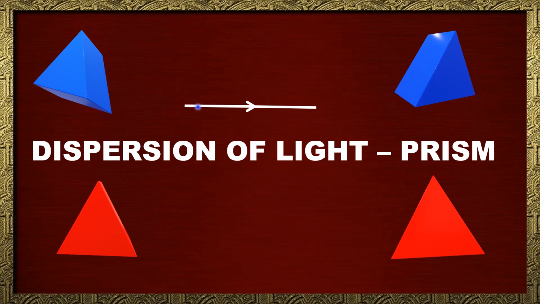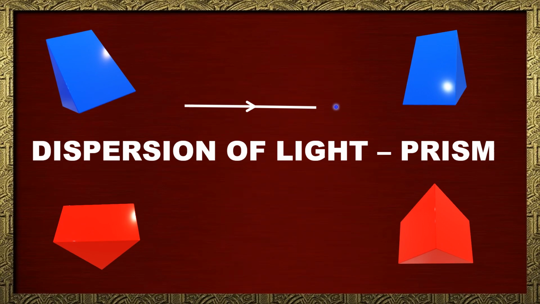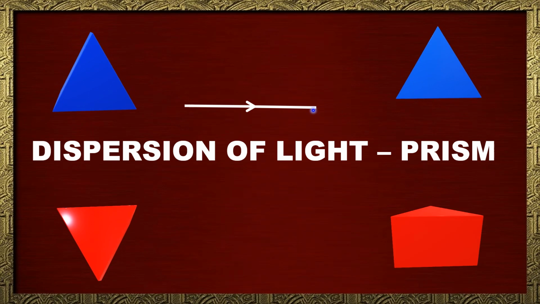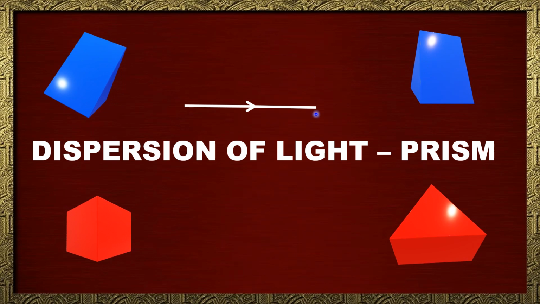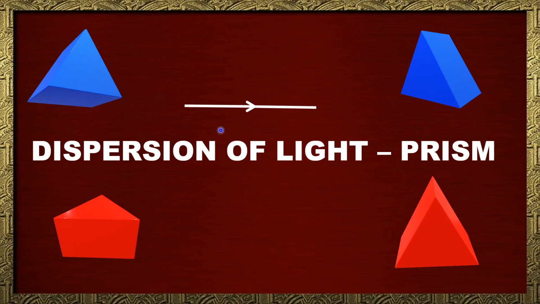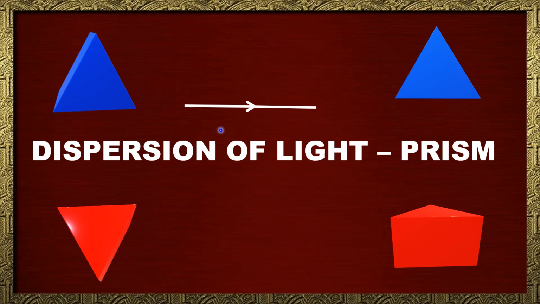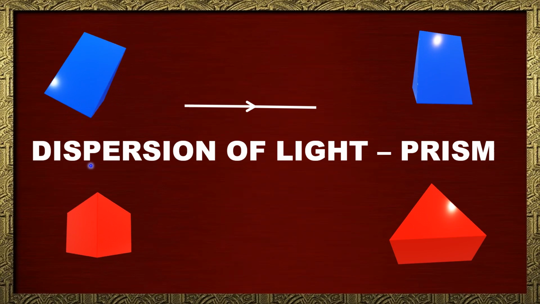That means if this ray of light is sent through a prism, we get different colors. That means the separation of visible light into its different colors is known as dispersion of light.